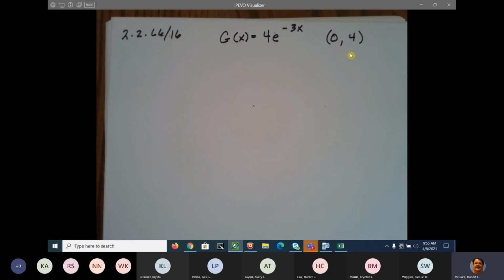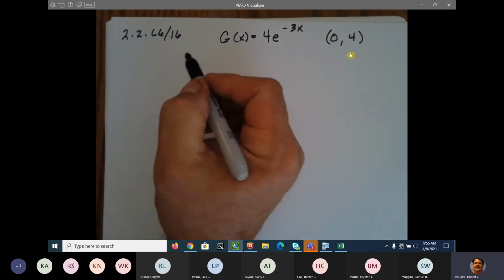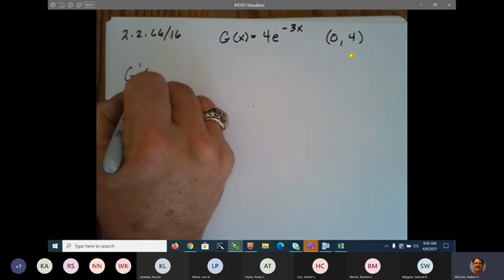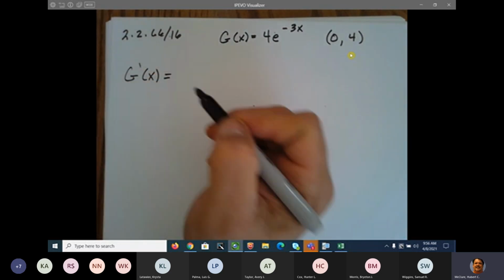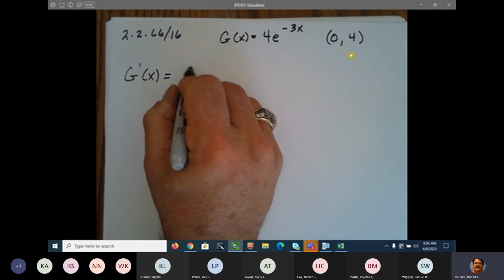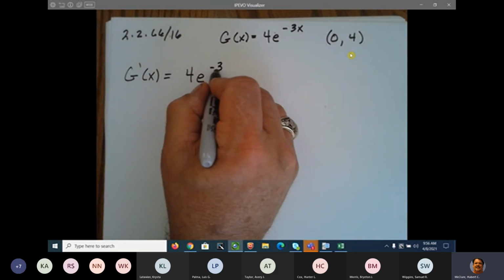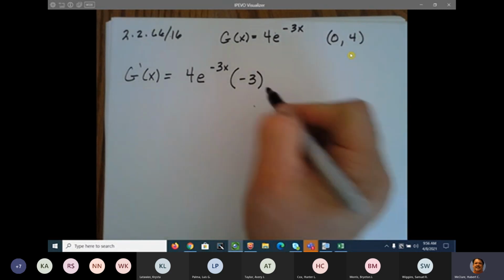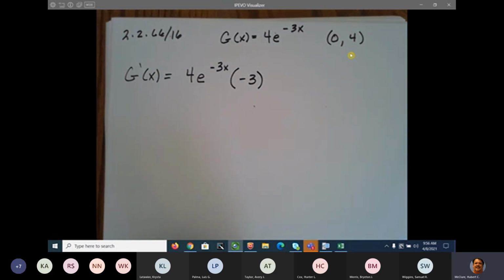So we still have to find the first derivative. So g prime of x is going to be equal to 4e to the negative 3x times negative 3. And that's basically the chain rule with e to the x.